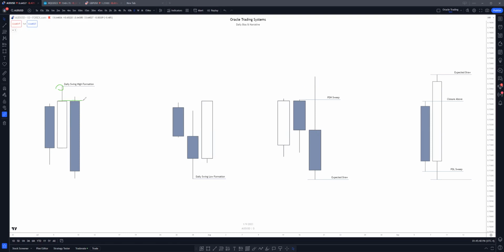We've had a candle that's failed to close above this high and then printed bearish below this low, and potentially below this swing low. We don't have the other candle here, but you can imagine there's a candle here with a higher wick on the left, right? And we would expect that this high becomes our next immediate daily draw, okay?